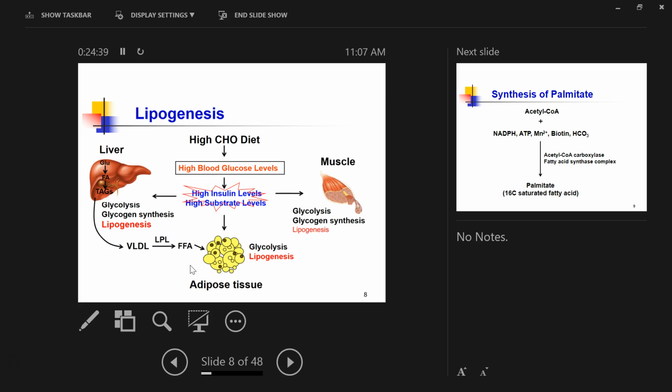The reason is that the triglyceride in VLDL is a relatively large molecule compared to fatty acids, so it cannot be taken up by adipose tissue or adipocytes. It needs to be broken down to fatty acids, and then free fatty acids can be taken up by fat tissue. So lipoprotein lipase is the enzyme that breaks down triglyceride and releases fatty acids and glycerol, right?